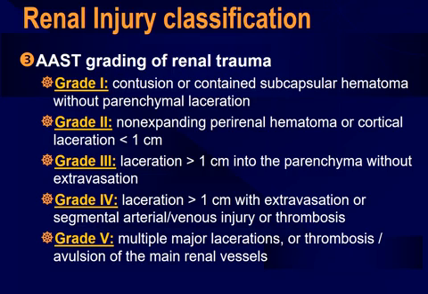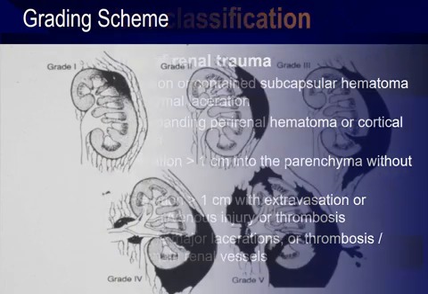For scientific use, the American Association for the Surgery of Trauma has classified the kidney trauma into 5 grades, as we will see, and it ranges from grade 1, which is the simplest or minor trauma, to grade 5 in a form of even shattered kidney into multiple pieces with a huge hematoma.